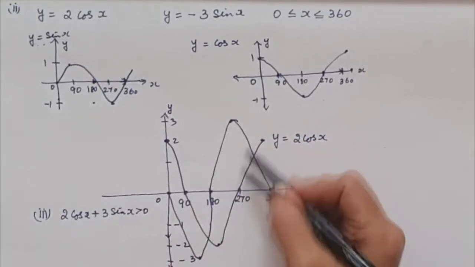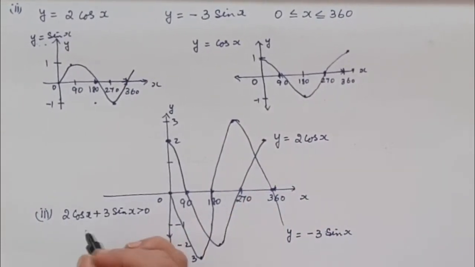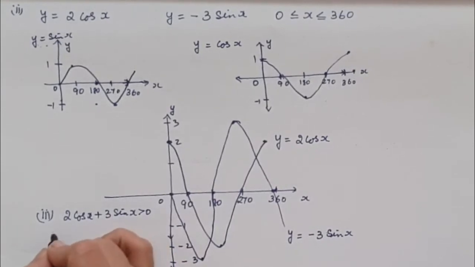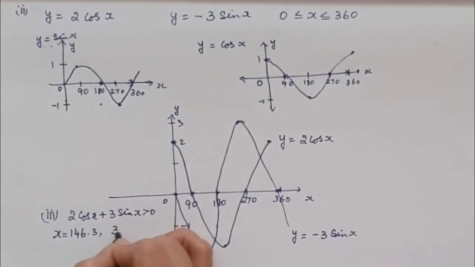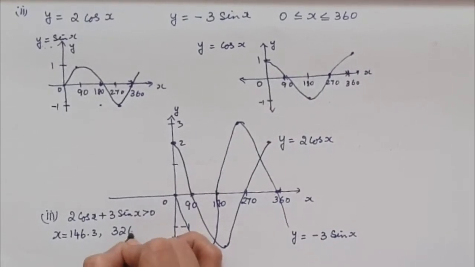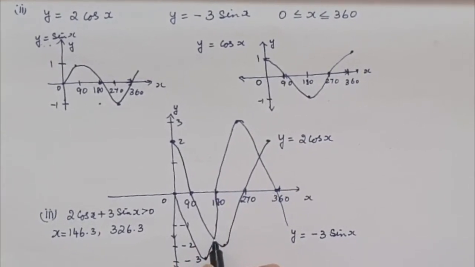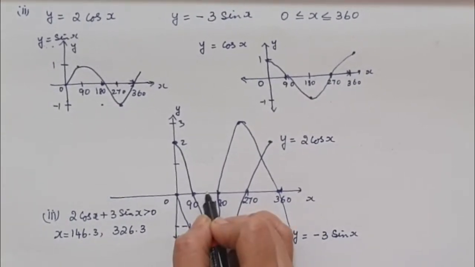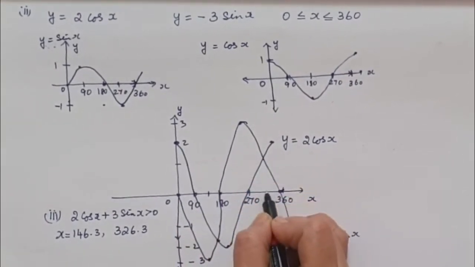Now greater than, we know it is above the x-axis. So when it is above, in our first part we got our answers for x as 146.3 and 326.3. So 146.3 is the point where they intersect. This x coordinate over here will be equal to 146.3, and again they intersect over here.